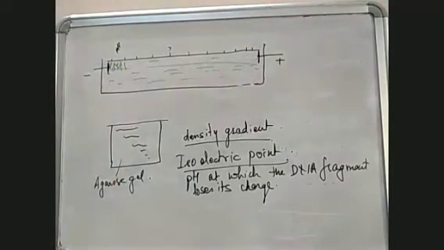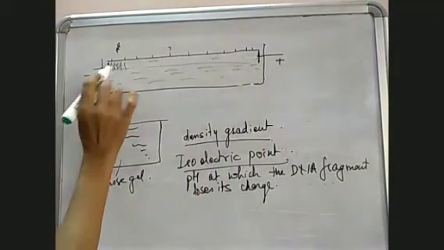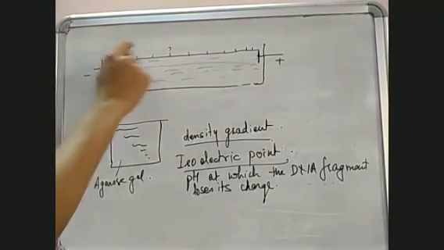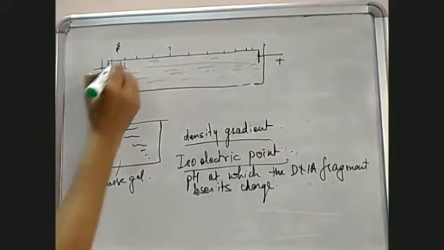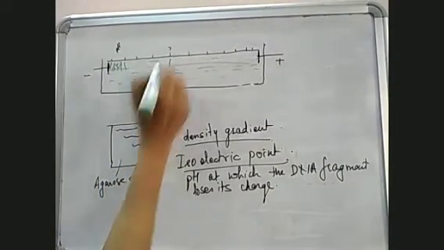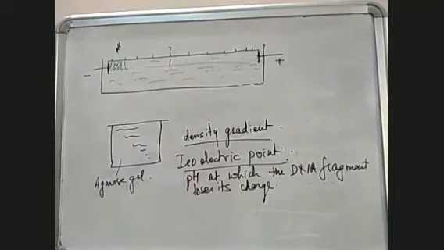Now what happens when electricity is passed through? They start moving towards the positive charge. And how will they move? See, all the fragments have negative charge, but their response to pH will be different. Suppose this fragment reaches here at 7 and gets its isoelectric point.